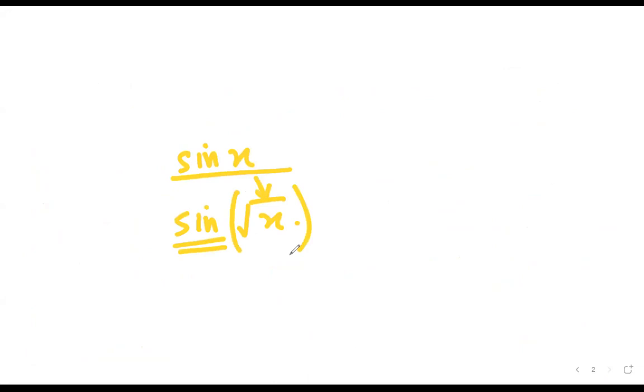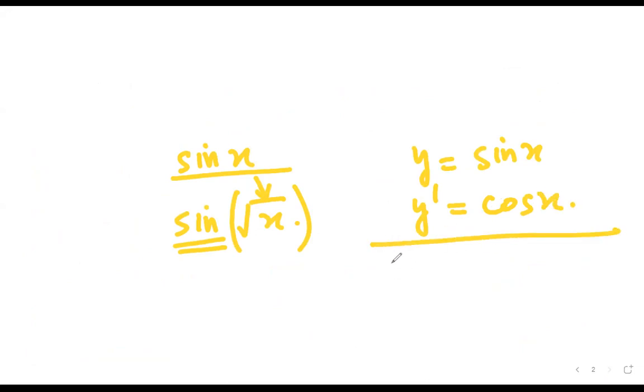Now the issue is that if y is equal to sin x, and somebody asks me the differential of y, y dash would be cos x. Are we okay? The problem becomes if y is sine of root x.